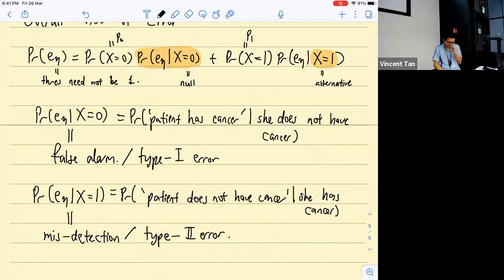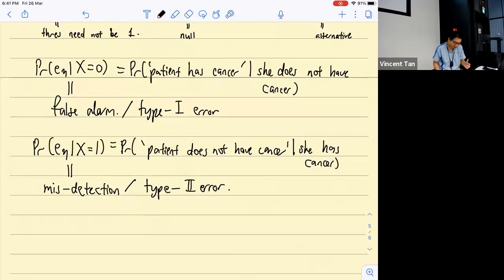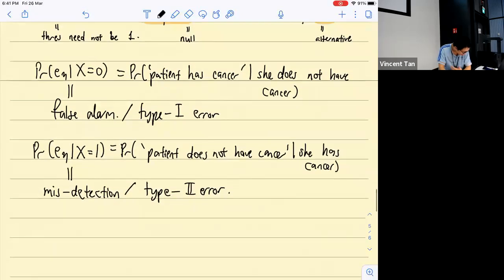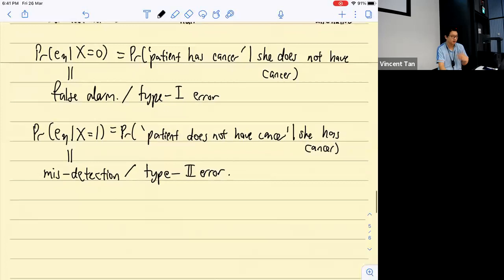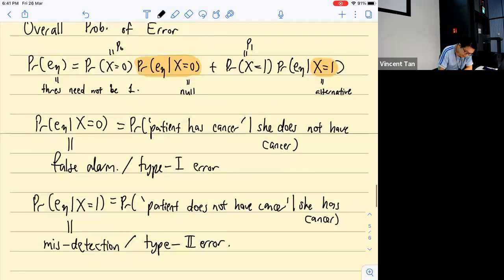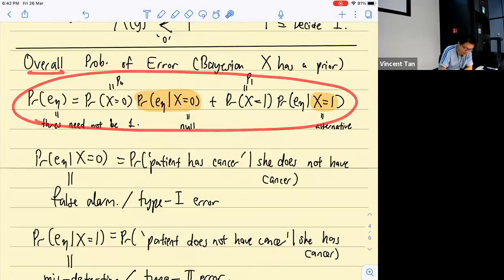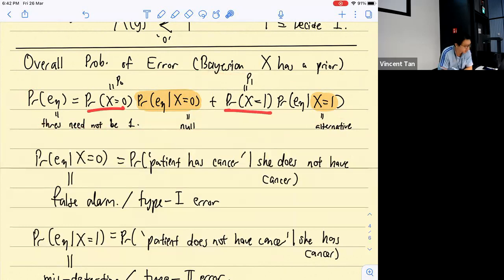I can remember type 1, type 2 because this always appears in my work. We want to control these, and we will talk a lot about controlling these two objects in this lecture and the next. In this Bayesian setting, because we have x as a prior, we would like to control the average probability of error. This is called the overall average probability of error because we are averaging over the prior.